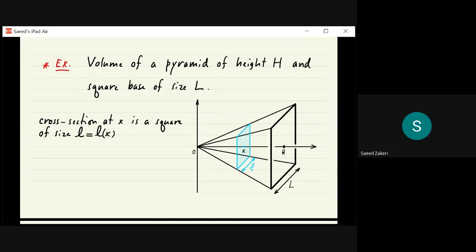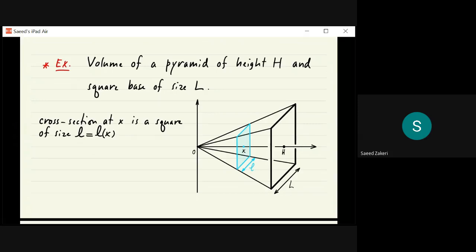Look at the picture. Everything is proportional. So similar triangles, using similar triangles, you can see that everything changes proportionally.